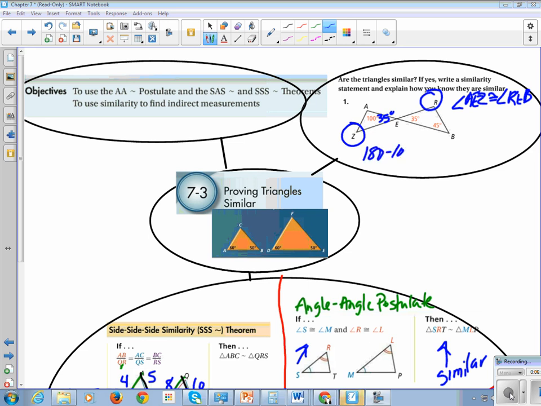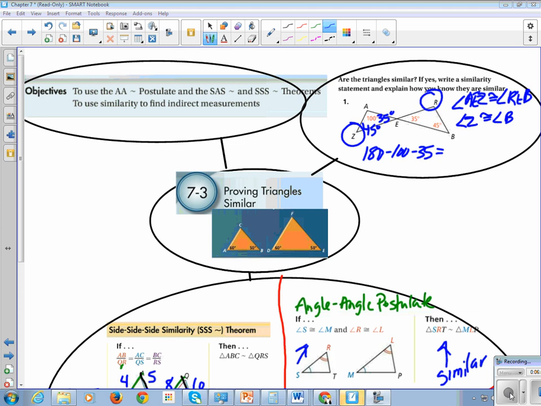So if I go 180 minus 100 minus 35, 180 minus 100 is 80. 80 minus 35 is 45. So then I can say angle Z is congruent to angle B. And all I need is two pairs of congruent angles.